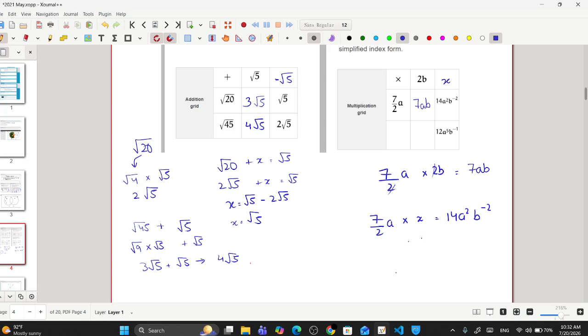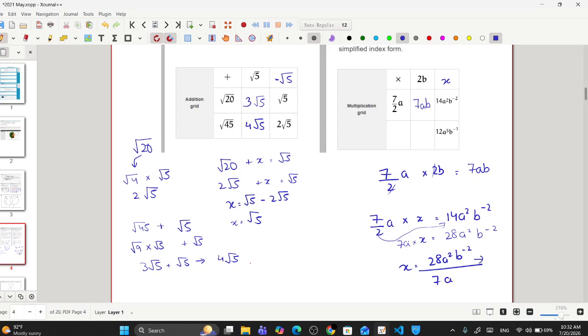Further solving it, let me write it like this. Let's take 2 to the other side of the equation. So we get 7a multiplied by x equals 28a square b raised to the power of negative 2. And x can be written as 28a square b raised to the power of negative 2 divided by 7a.